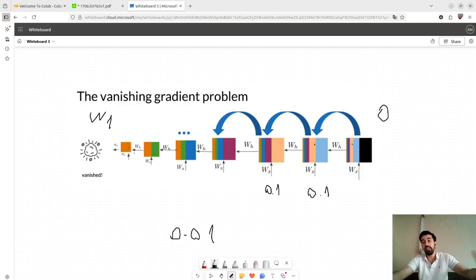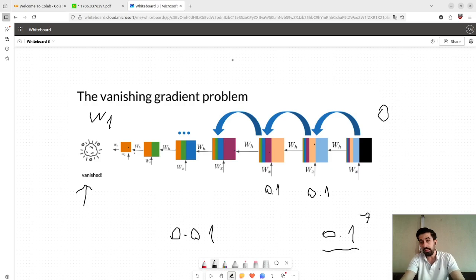If you imagine a very deep network, if you have very small gradients at each layer, you'll get 0.1 to the power of 7, for example, if you got 0.1 at each gradient. So when you apply the chain rule and you reach this level over here, you'll get 0.1 to the power of 7, which is almost 0.